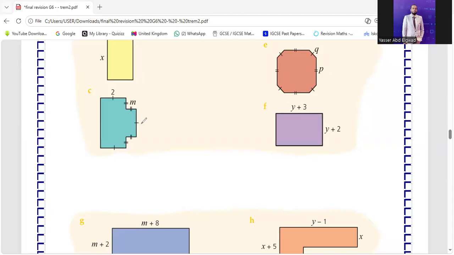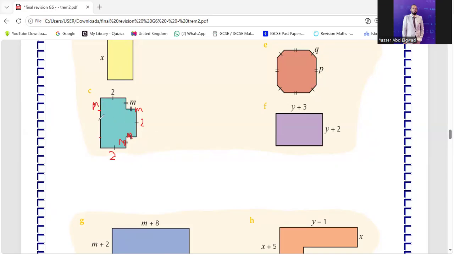The next one, here is the same. We have a little bit tricky or complicated one. Here is 2 and here is 2. And here is also m, and here is also m, and here is also m. How many m? If you count 1, 2, 3, 4. And what about 2? Here is 2. But what about the missing line? Here is a problem. Already we can divide the missing line into 3 parts. The first part equals the opposite, m.